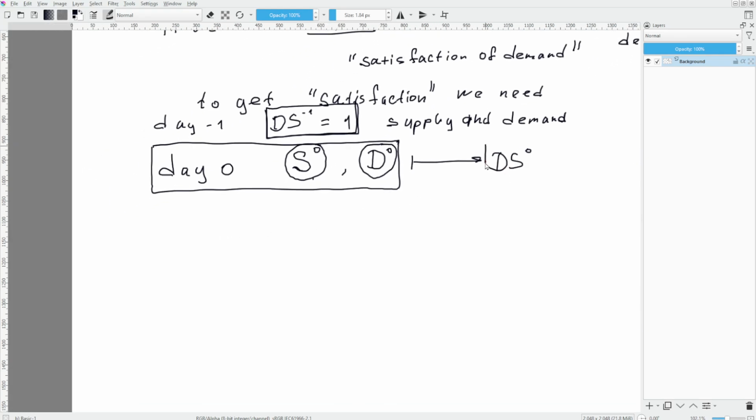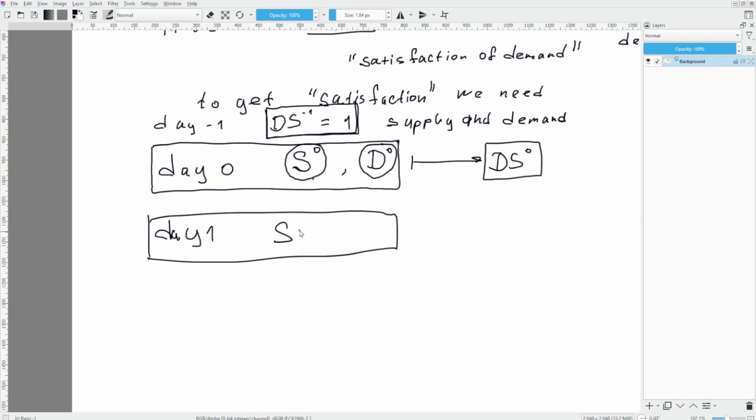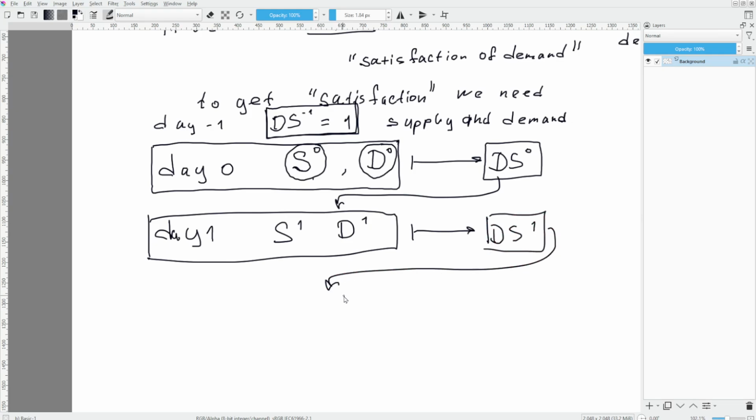And then we know that on this day we have managed to satisfy this amount of demand. This amount of demand fits into the next day's supply and demand. It fits into the demand satisfaction of day 1, and so on.